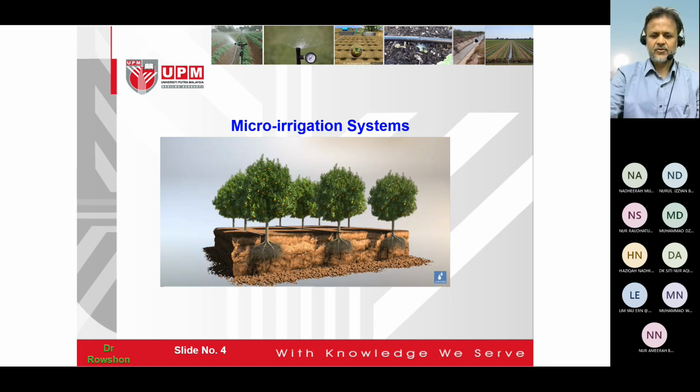This is the additional thing only, otherwise everything is the same. So clear now? When you calculate crop water requirement with the micro irrigation system, the crop is the same, because this crop you can irrigate by micro irrigation system, you can irrigate by sprinkler irrigation system, no problem.